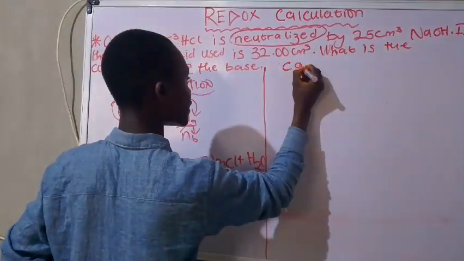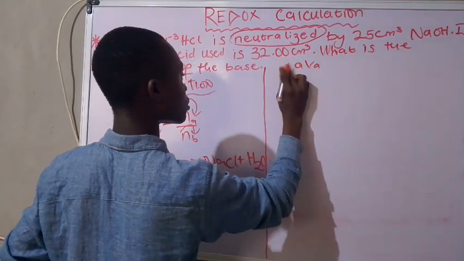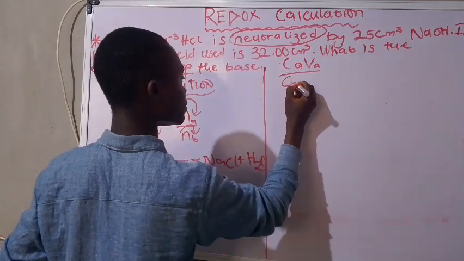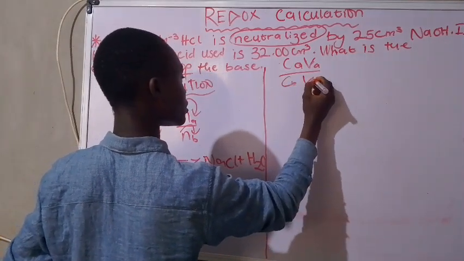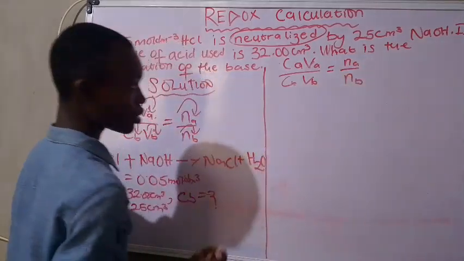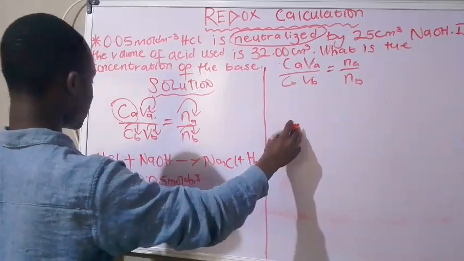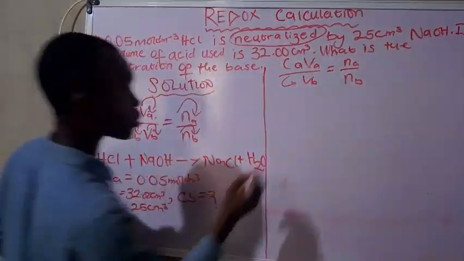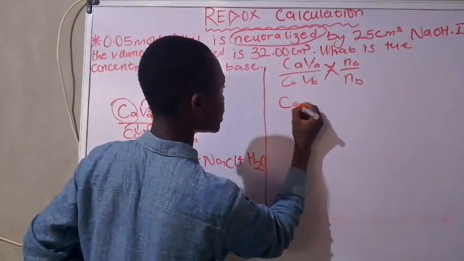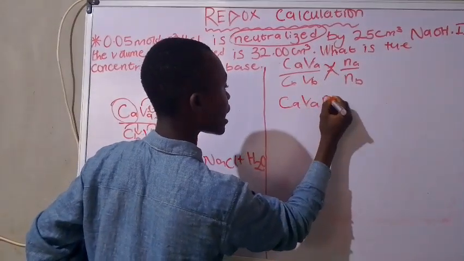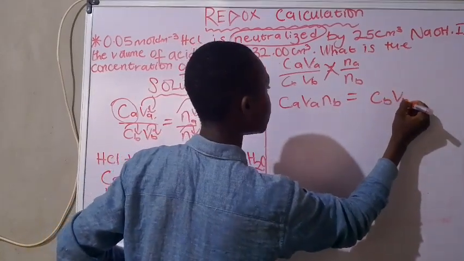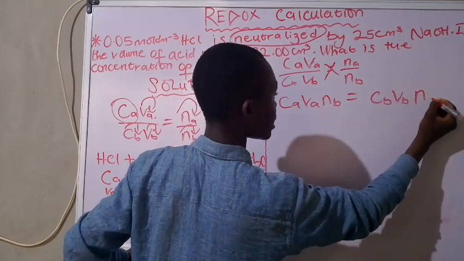Now CA VA over CB VB is equal to NA over NB. We are asked to find the concentration of the base, so I'm going to use it as the subject of the formula. Let's cross multiply: CA VA NB is equal to CB VB NA.